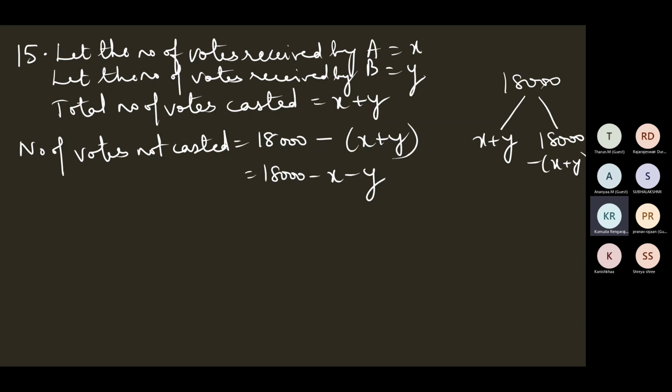X plus Y, because A has got X votes, B has got the remaining Y votes. So the number of votes not cast is equal to 18,000, the total number of people in the electoral roll, minus cast. Am I right so far, children?